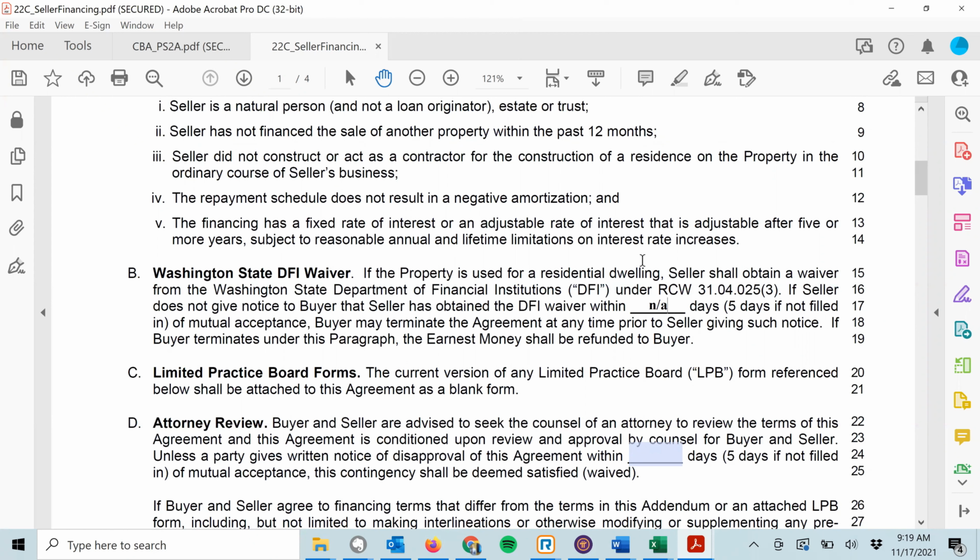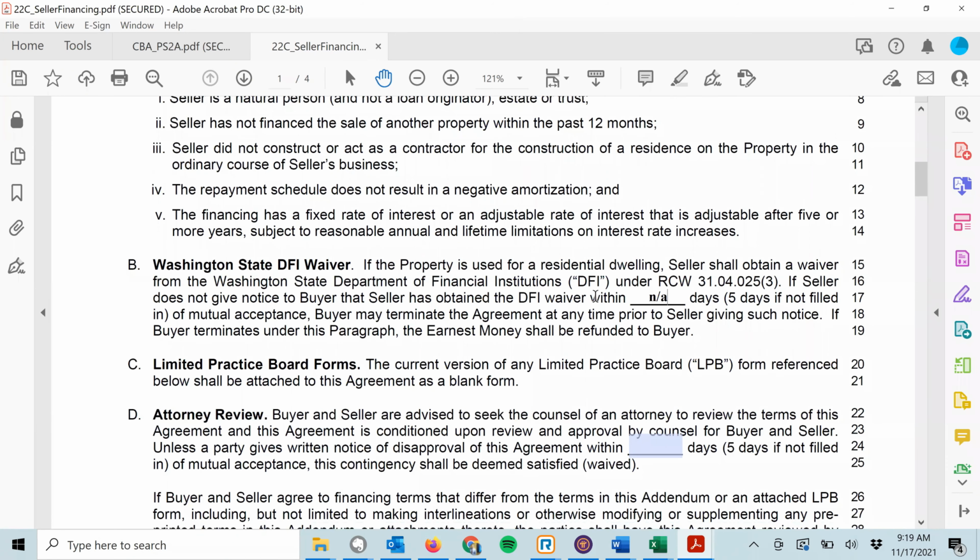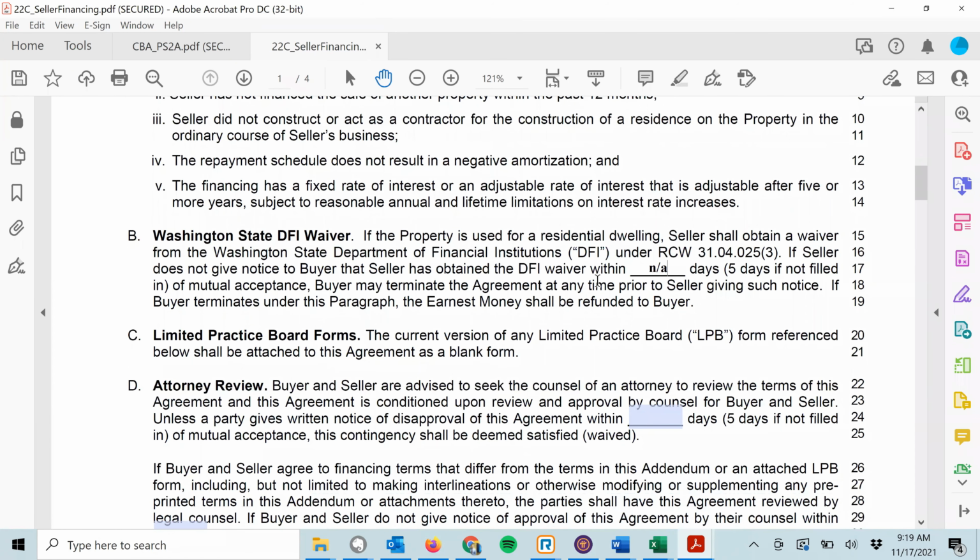But that's all hypothetical, right? So this does not apply for the sake of this contract. That's right. So it is not being used for a residential dwelling when they bought it. So they wouldn't have to go pursue that waiver.